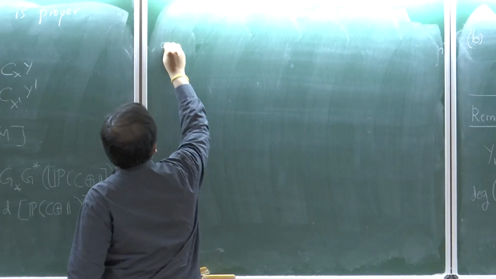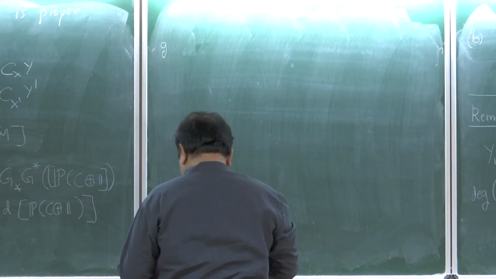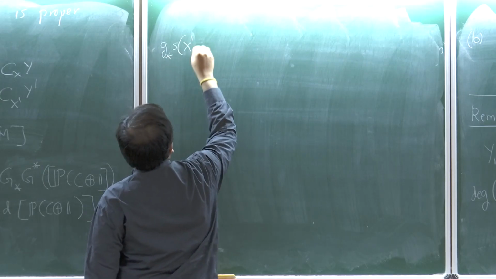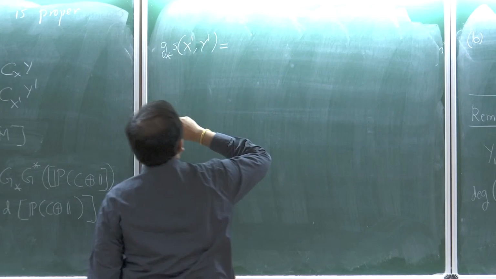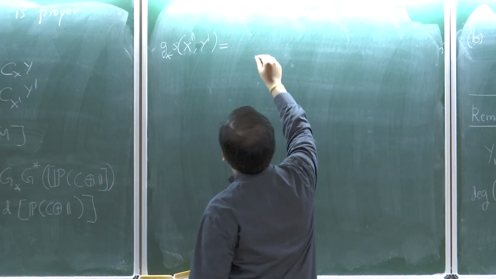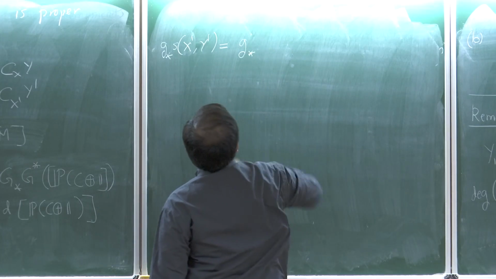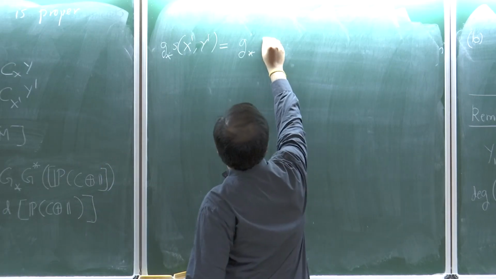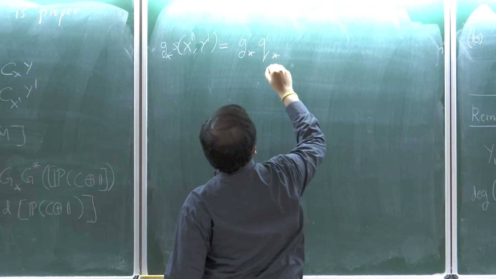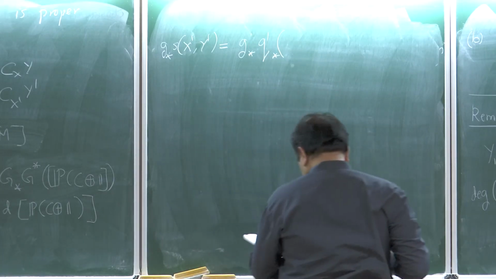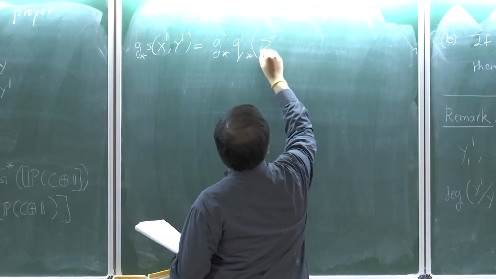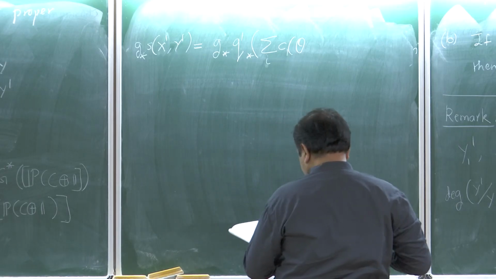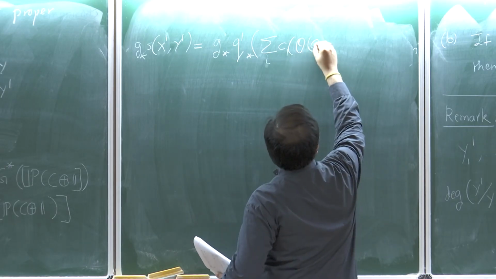So what do I want to do? I want to do G lower star of S of X prime Y prime. So then you write out the formula for this G lower star. So what is S? It's going to be Q prime lower star of the sum over I of C1 O of G of.